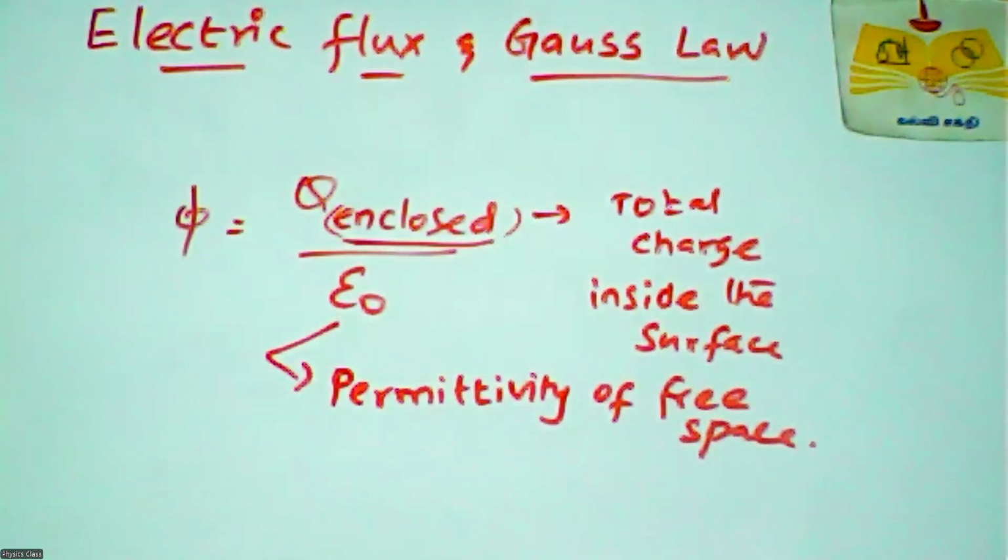What is the value of epsilon naught? Anybody? Permittivity of the free space, epsilon naught. What is the value?